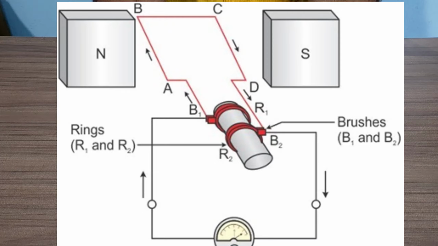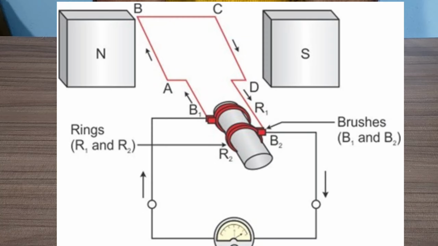According to Fleming's right hand rule, electric current is produced in the branches AB and CD in the direction A to B and C to D. Thus, the current flows in the direction A, B, C, D. You can see this in the image.